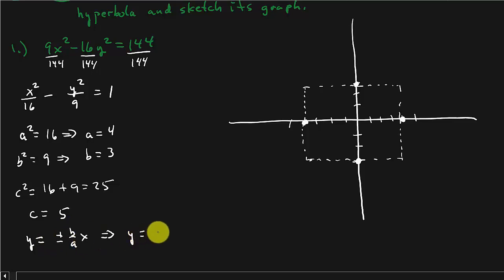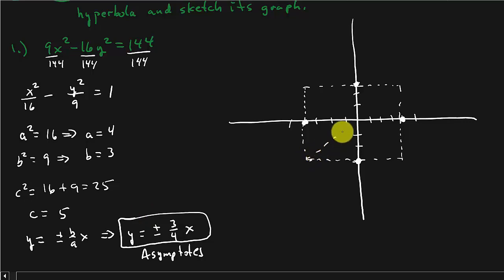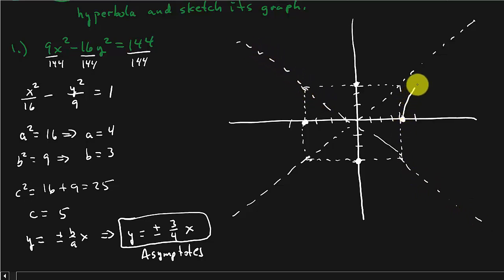And so in this case, y is equal to plus or minus b over a, so that's 3/4 x. Here are our asymptotes. I think that's one of the things they ask, so we can circle that. There are your asymptotes. And a good way to draw those in, you can kind of just do this right here. And then there you go. And then you draw your hyperbola in.